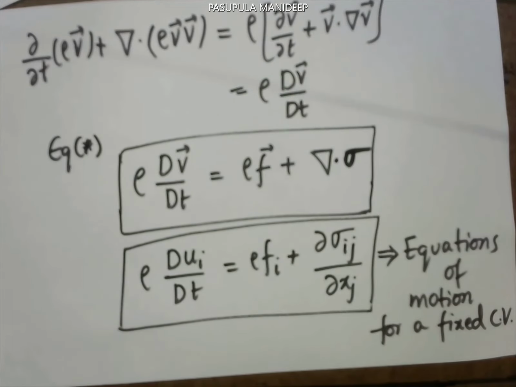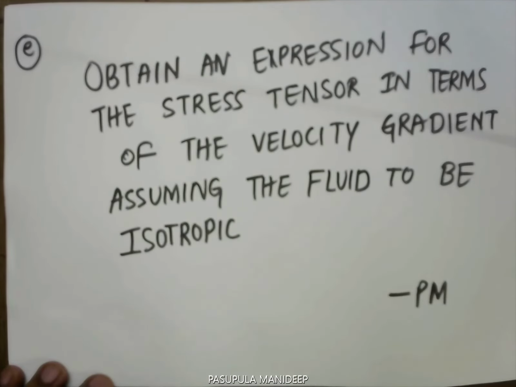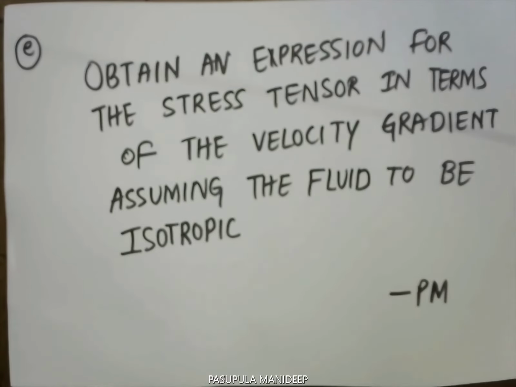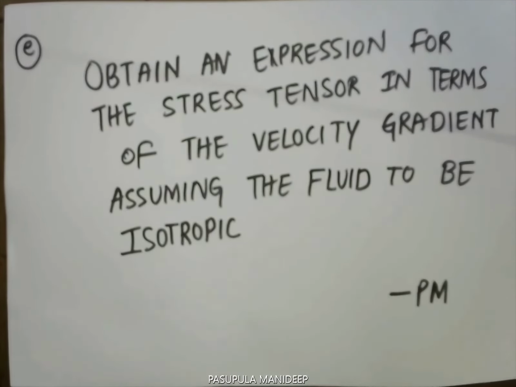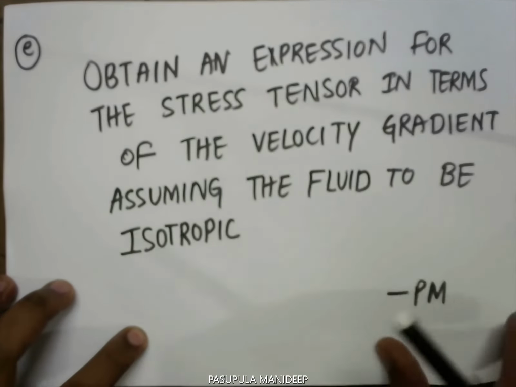In the previous video we derived the equations of motion for a fixed control volume. In this video we will obtain an expression for the stress tensor in terms of the velocity gradient, assuming the fluid to be isotropic. Okay, so let's proceed.